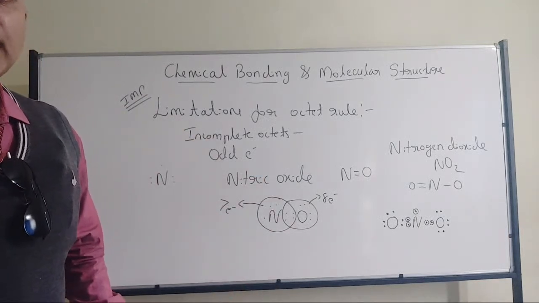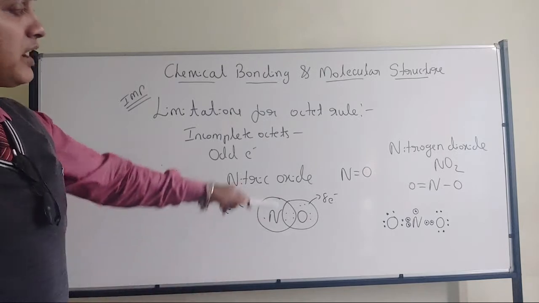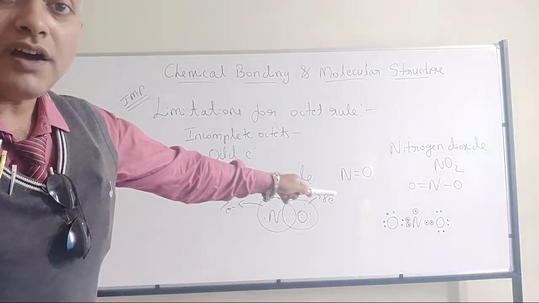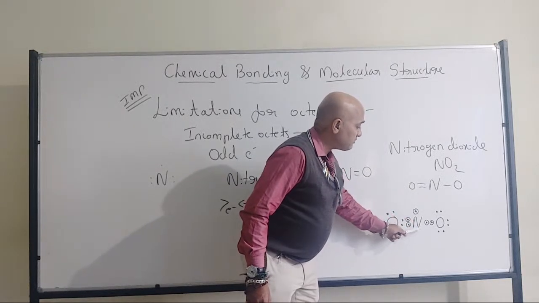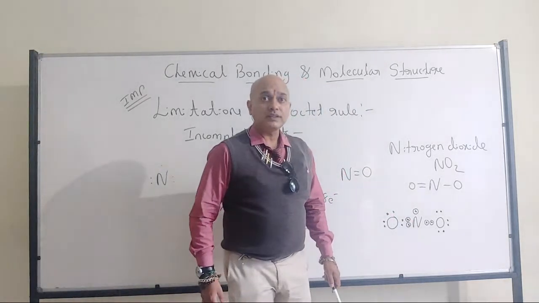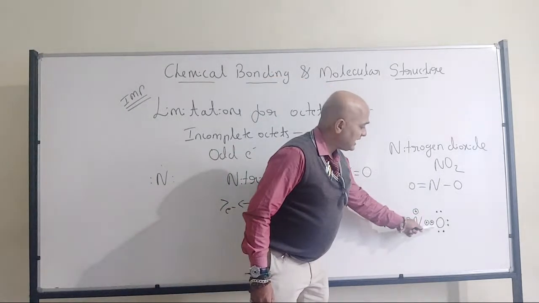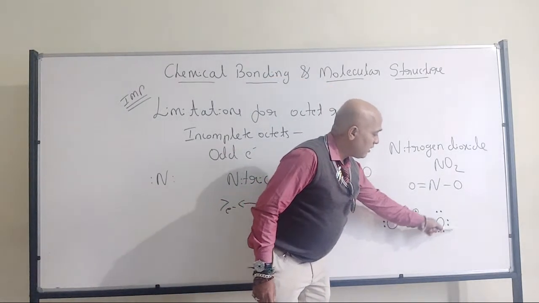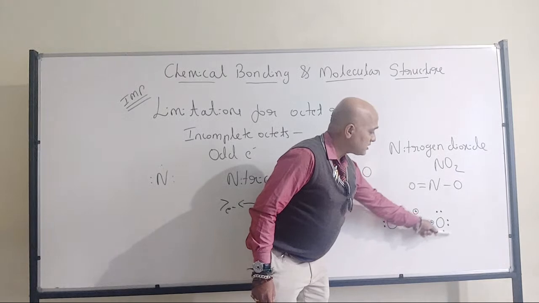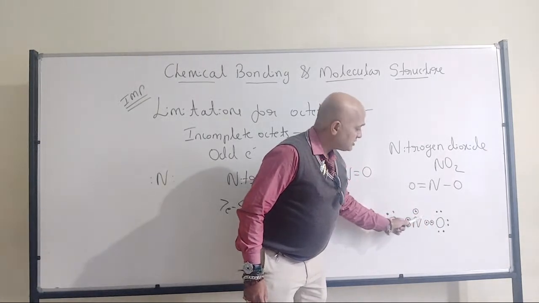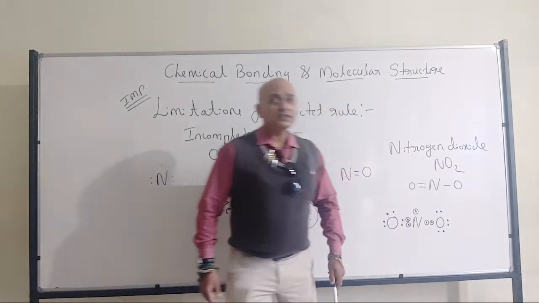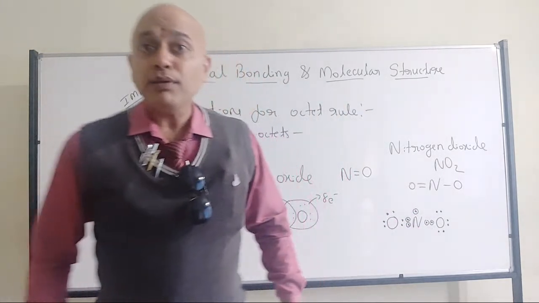But another important characteristic here is that in this single covalent bond, both electrons are invested by the nitrogen. Oxygen is not investing any of its electrons. All the valence electrons of oxygen are present as it is. But nitrogen is putting 2 electrons for the covalent bond.